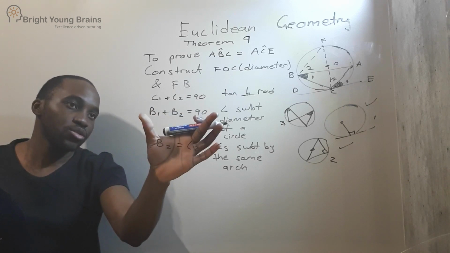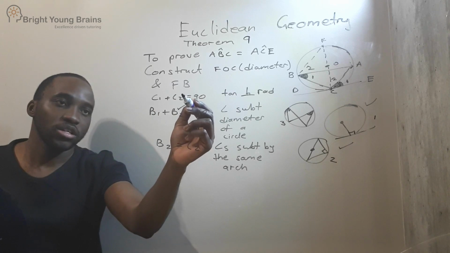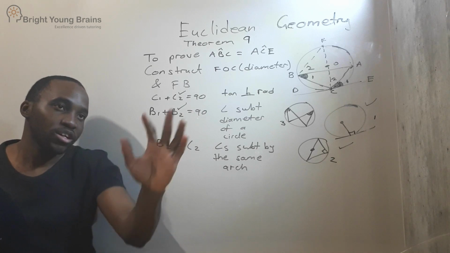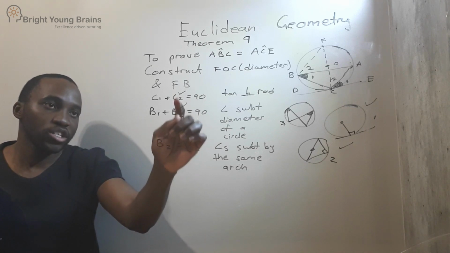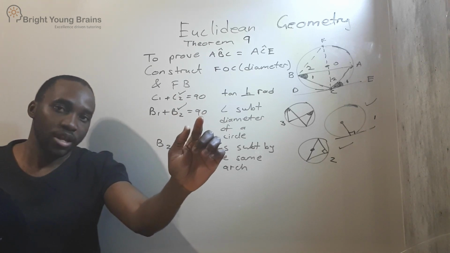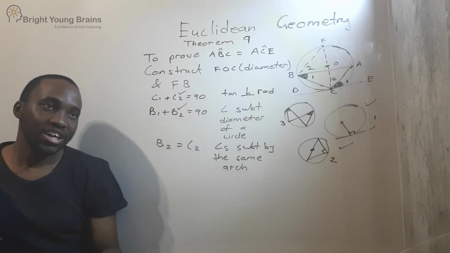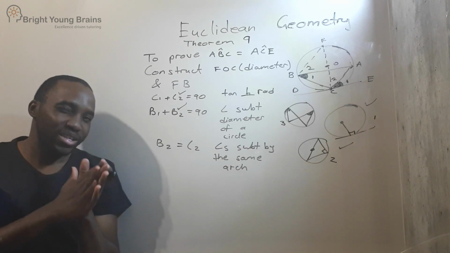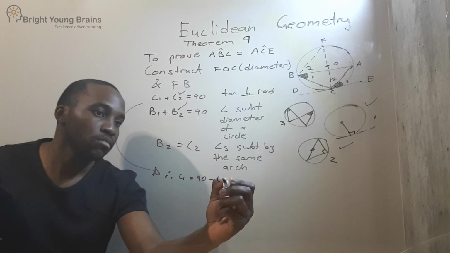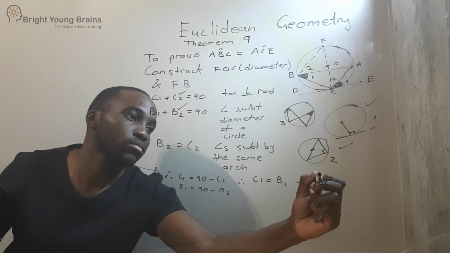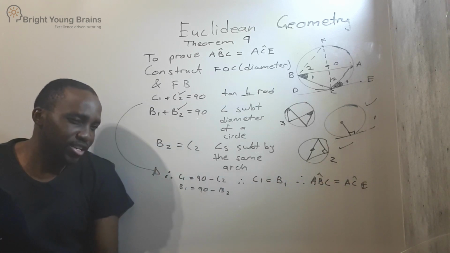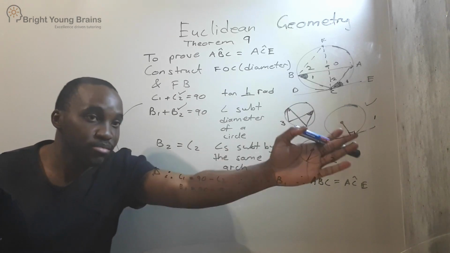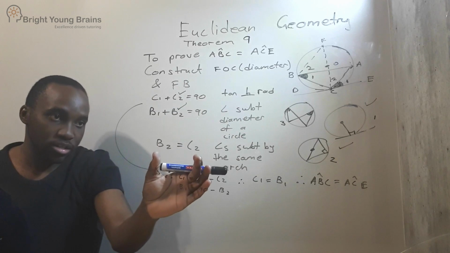So if these two are equal to each other, and this adds up to 90 and this also adds up to 90, technically it means that these two will be equal to each other. So let's put that in writing. There we go. So there's a lot of therefores here, but that's it. Our three theorems here have helped us write out these three statements.